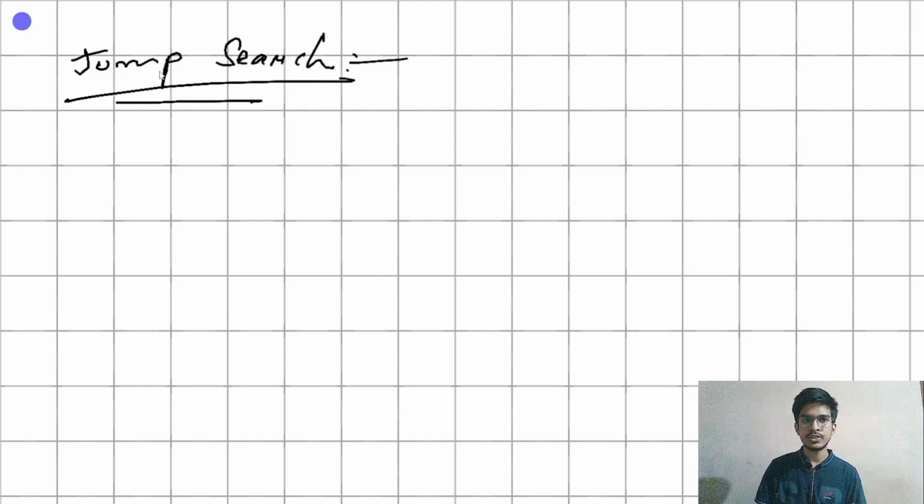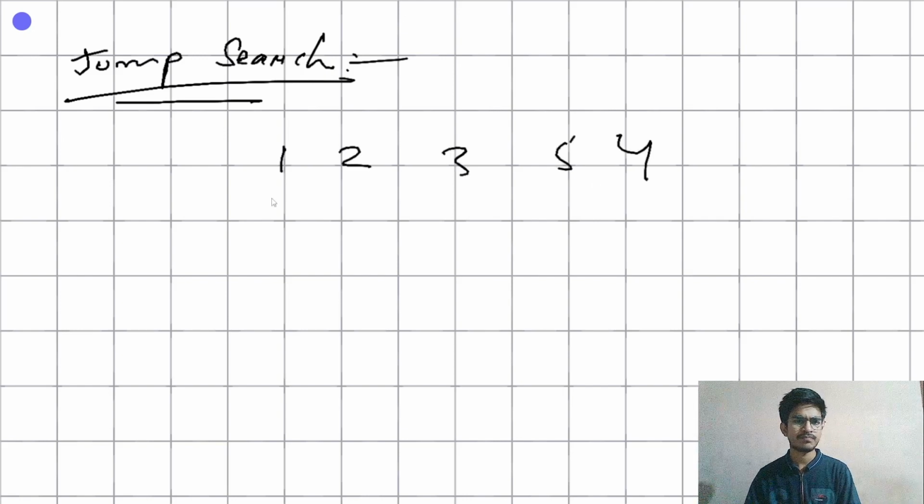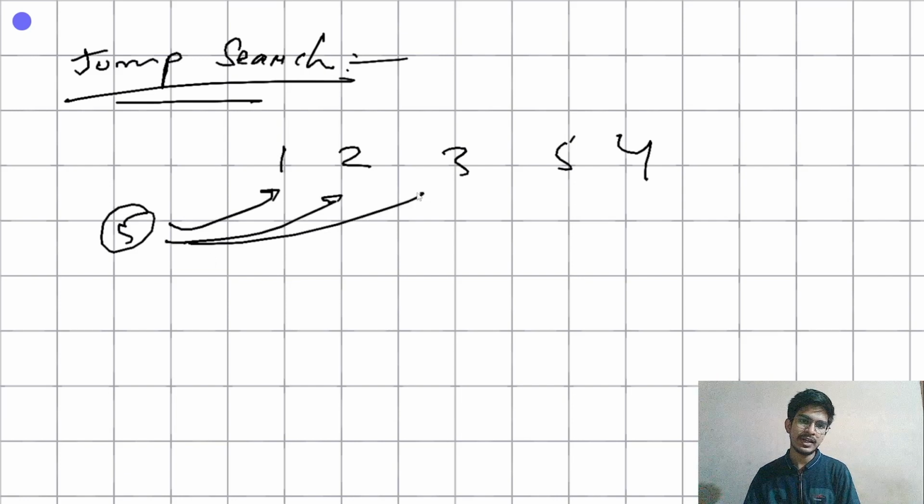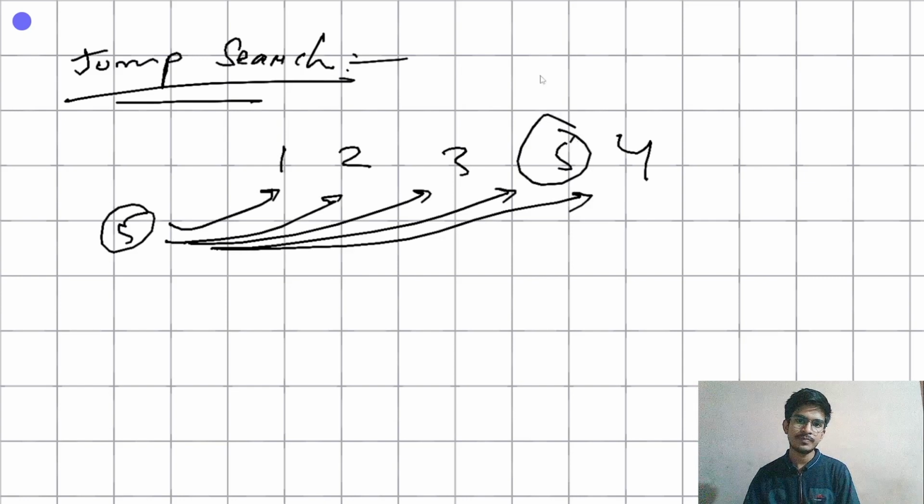Like in linear search, suppose we have 1, 2, 3, 4, 5 and we are searching for element 5. We will compare it with every single element linearly, and if a match is found, we will return its index, right?